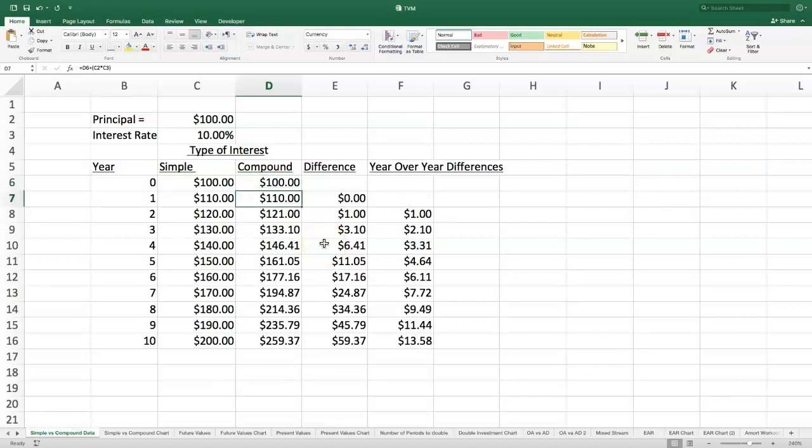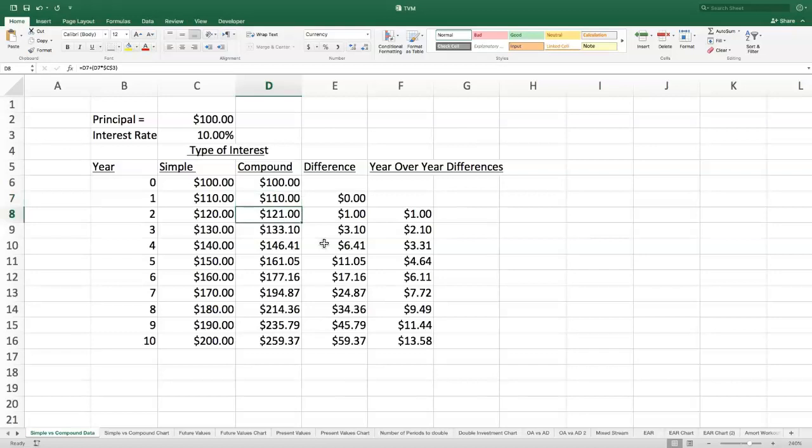For compound interest and simple interest, after only one period, the future values are the same. But we begin to see a difference after the first year, because with compound interest, we're earning interest on the previous account balance, which included the principal plus the interest that was earned, whereas with simple interest, we're only earning interest on the original principal.